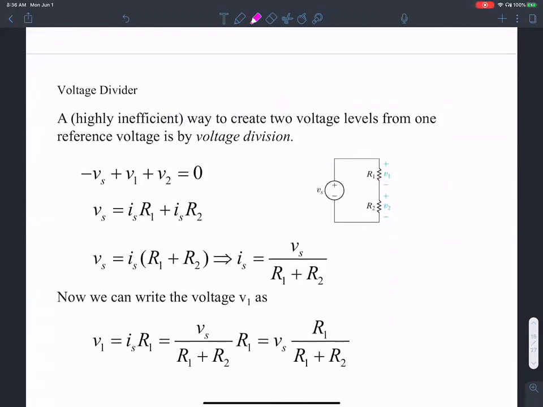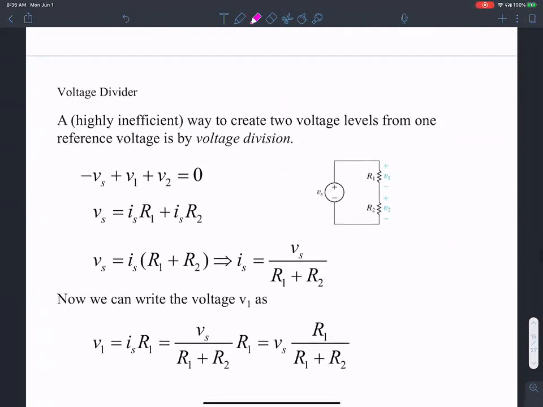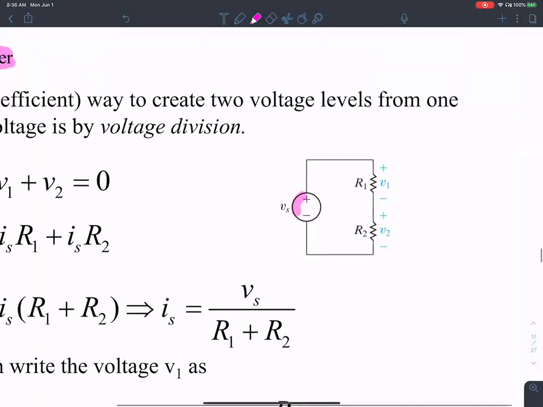So let's look at voltage divider first before we even talk about current division. Voltage division is a very efficient way to create two signal levels. Let's say there is a total voltage source Vs, and you want to split that into V1 and V2.